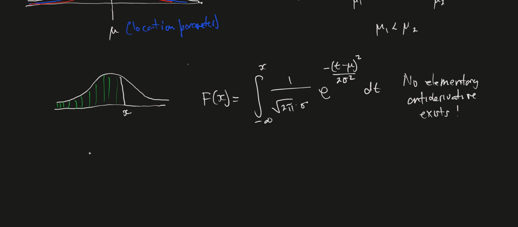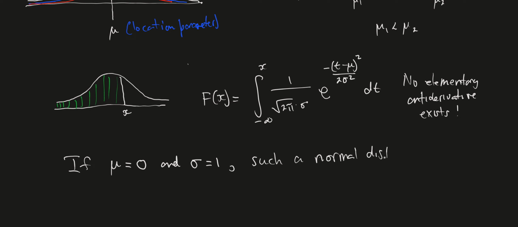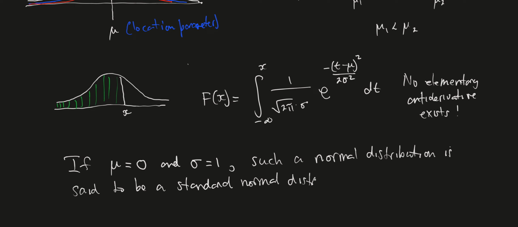So if the mean is equal to 0 and our standard deviation is equal to 1, such a normal or Gaussian distribution is said to be a standard normal distribution.